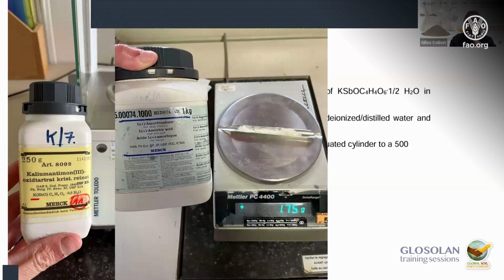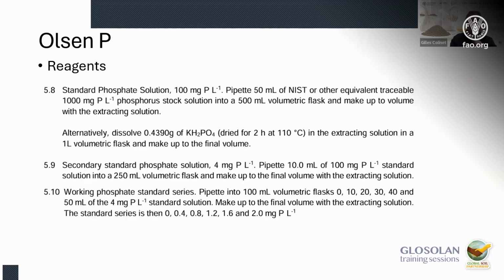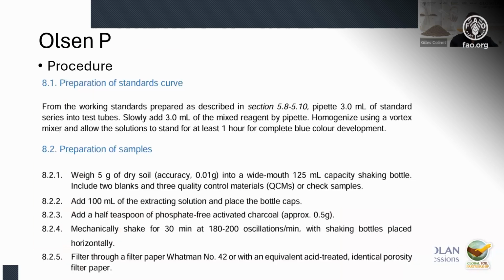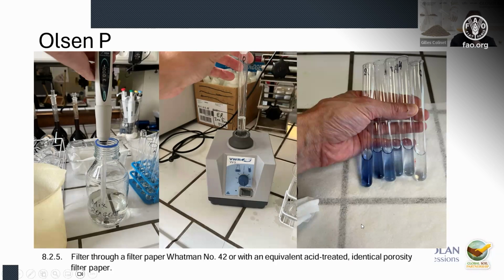You see here it's 2 digits, and at the end you have a reagent mix, and then of course you do calibration standards. The idea is that you take your mixed reagent, you put it on vibrating in order to make the development of the color.